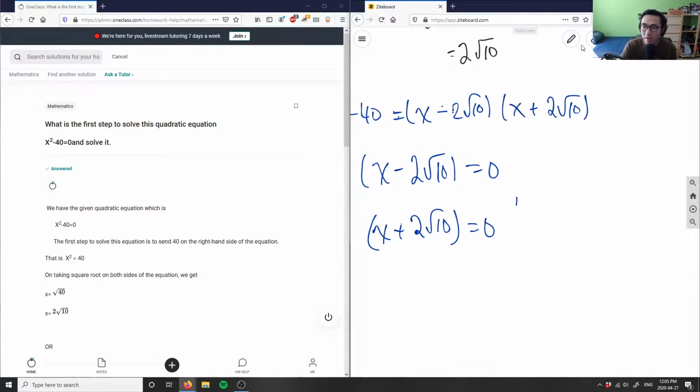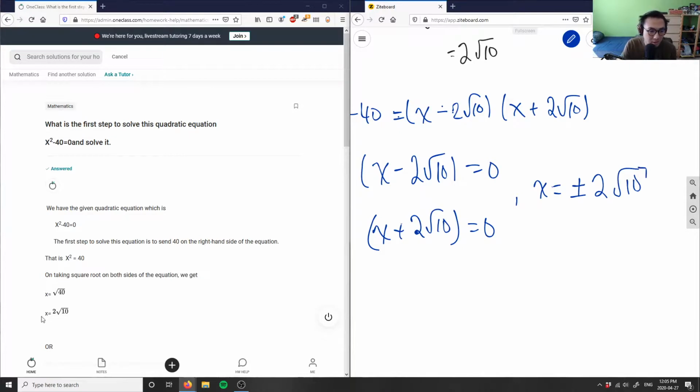X is going to be plus or minus 2 root 10. This will be our solution for this problem.